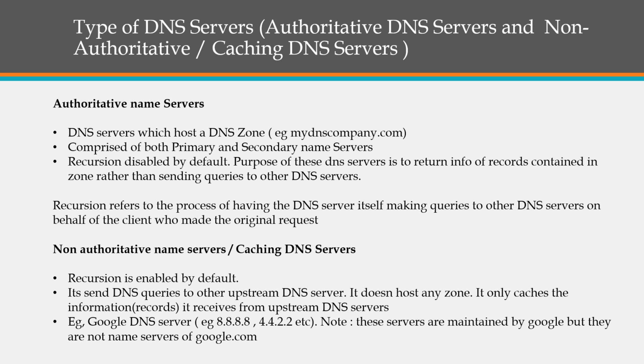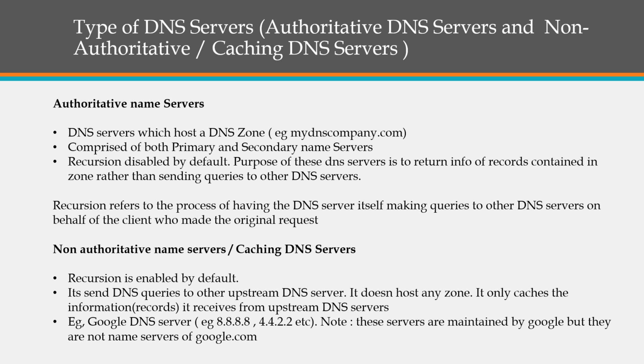So a caching DNS server doesn't have any DNS zones defined or configured in it. The sole purpose of a caching DNS server is to forward those queries to its upstream DNS server so that it can fetch the response and give it back to the client.